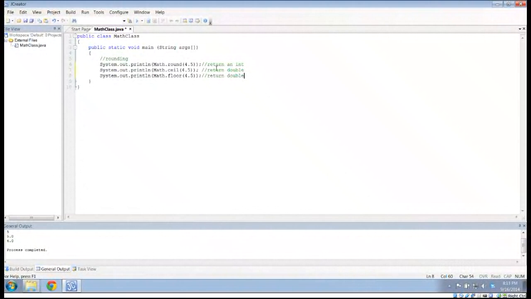Another distinction that's actually very, very important for us to make is if I was to do the same thing, but if I was to do this with negative 2.5, and I was to do the same thing, doing ceiling and floor, the results are something that you may not expect.